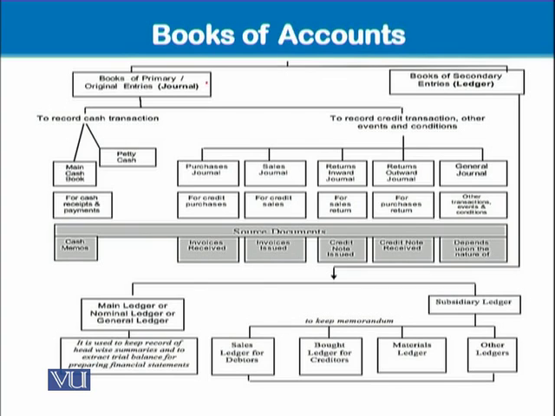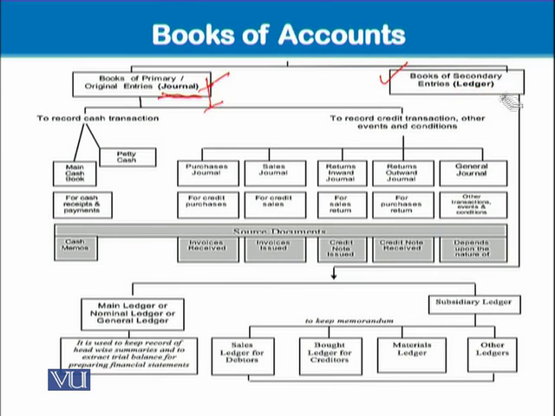There is a book of original entries, which is also known as book of primary entry, or a journal. And the second book is the book of secondary entries, which is also known as ledger. So one type of book of account is known as journal and the second type is known as ledger.